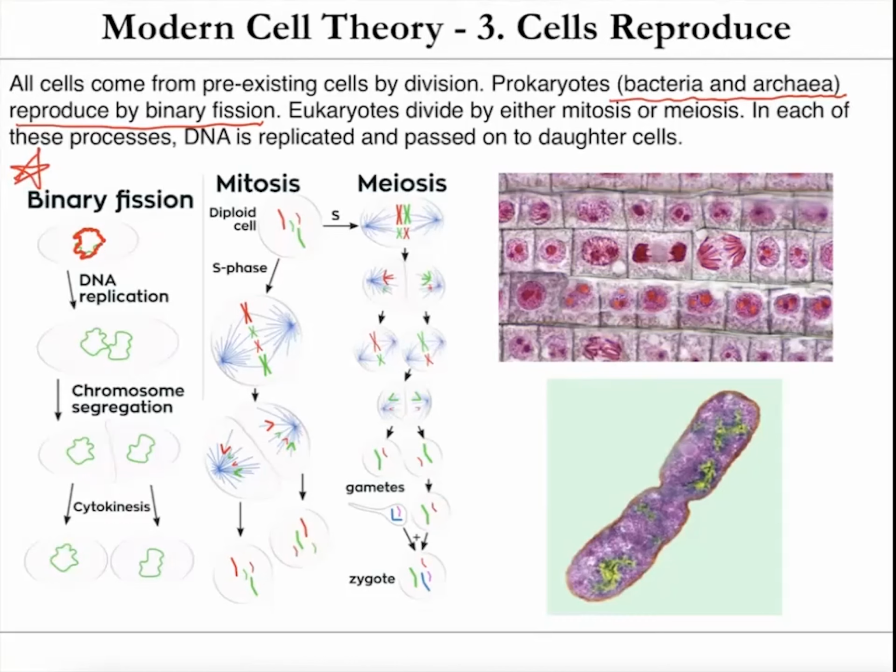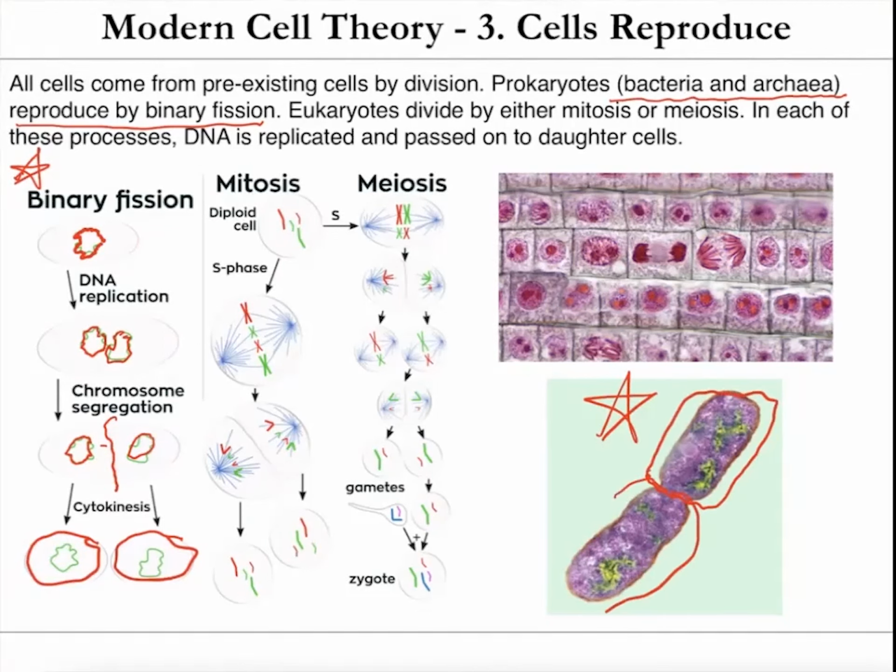But basically, they reproduce that DNA into 2 strands of DNA, and then these 2 sets of DNA segregate, and then they split off their cell membranes, and that results in 2 separate cells. That's how bacteria like this will replicate. They'll do it very quickly, and this is going to basically end up being 2 cells, whereas it was just 1 cell only a half an hour before this.